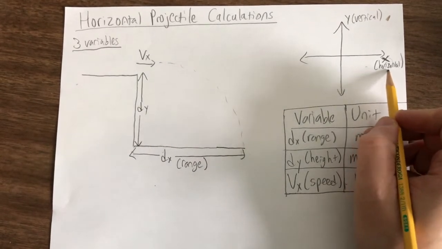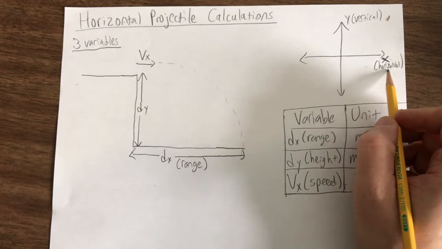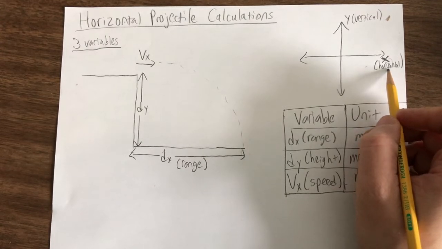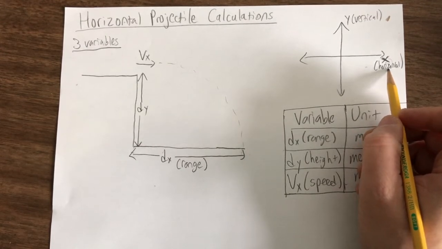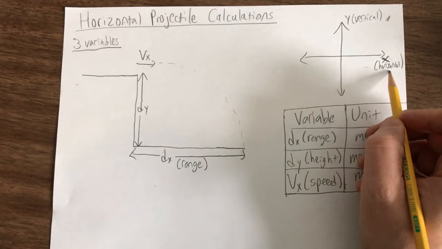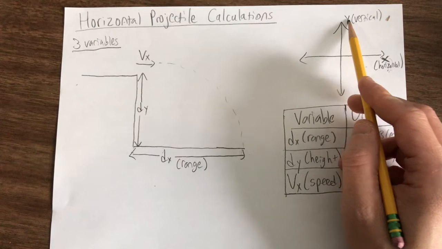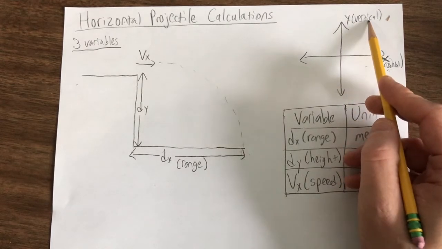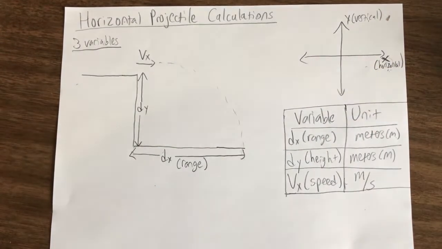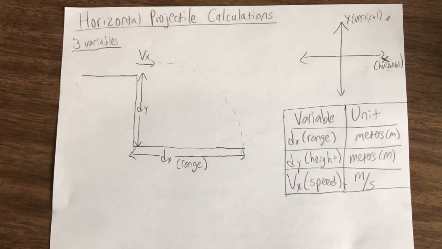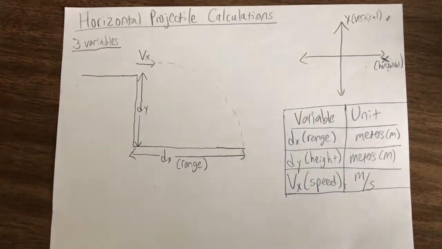If we measure a distance from left to right, that's a distance x, or a dx. And we'll use y to mean anything that is vertical or up and down. So gravity would be something that we talk about in the y direction, or any kind of height, something that's measured up and down would also be a y type of thing, a vertical type thing.